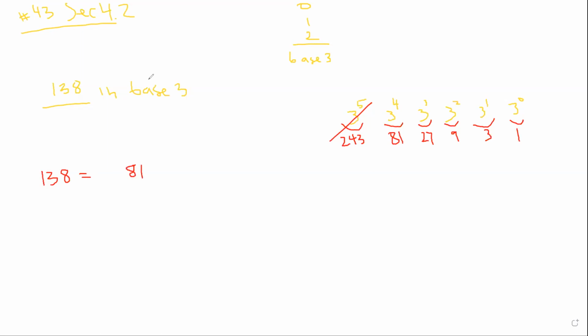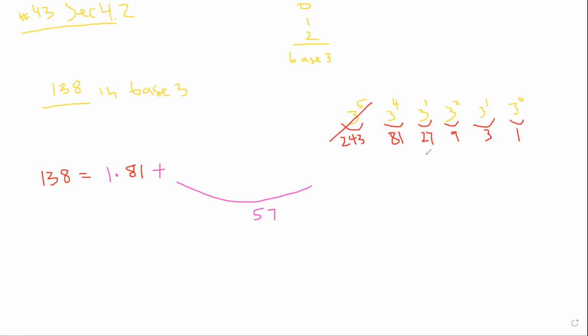Notice it's going to be only one 81, because if you try twice, it'll be already 162, so it'll be over. So what's going to remain if I take off 81 from 138? Well, just subtract, and you see it's going to be 57, right?